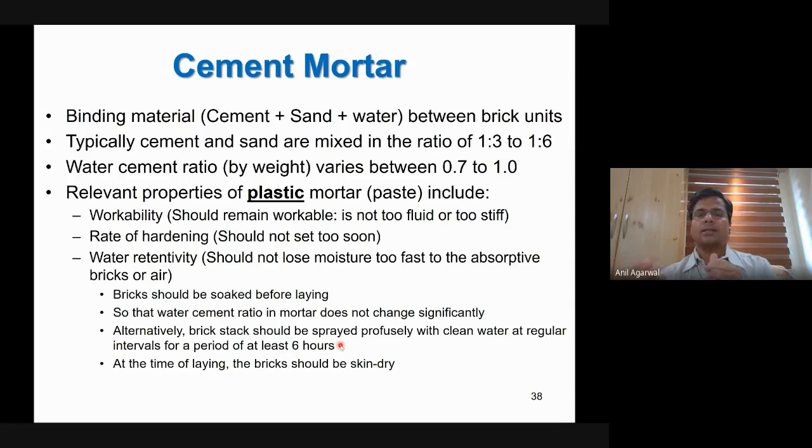And this sand is not the very fine sand. It is sand of particle size of approximately 1 millimeter or more, between 1 and 3 millimeters, something like that. That is the particle size for a typical sand that we are talking about. So you mix cement and sand in this proportion, 1:3, 1:4, you are going to get a very strong mortar. If you mix them in 1:5 to 1:6 ratio, then you will get relatively weak mortar.